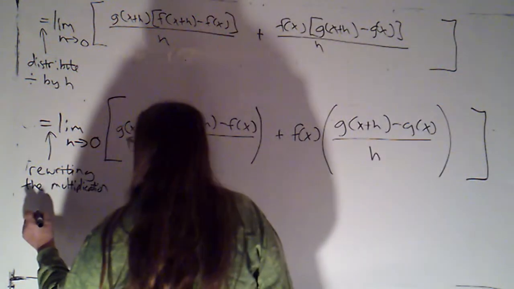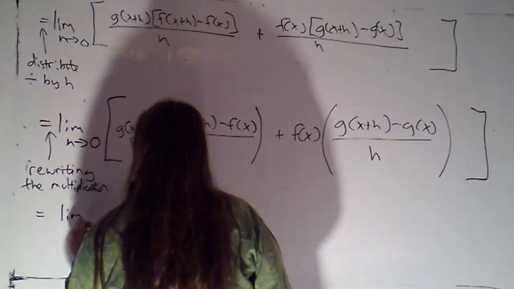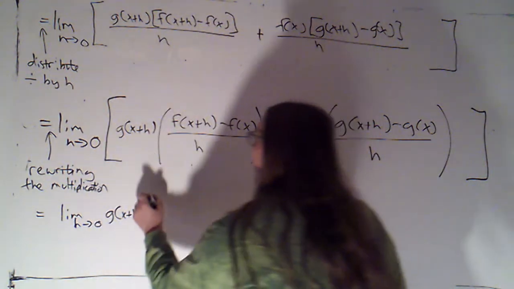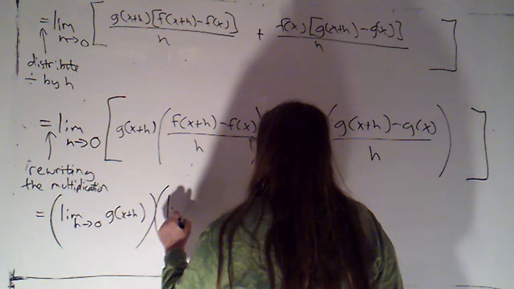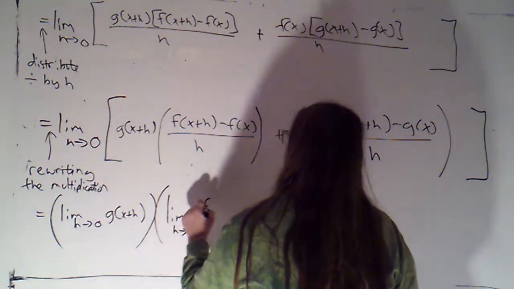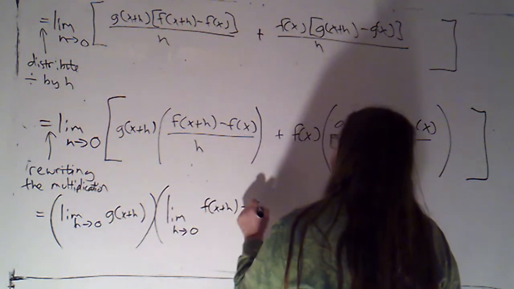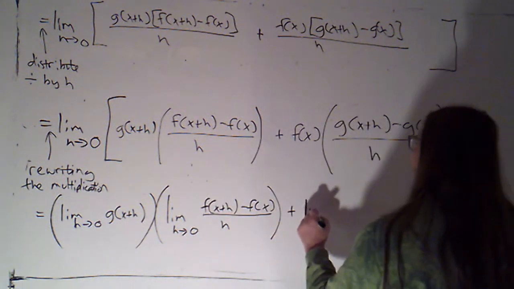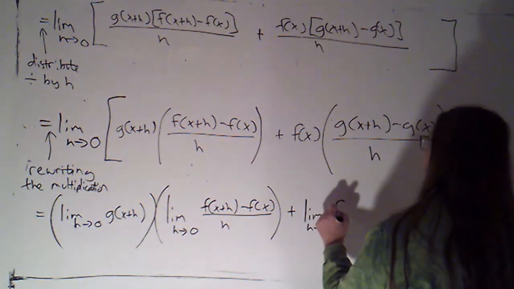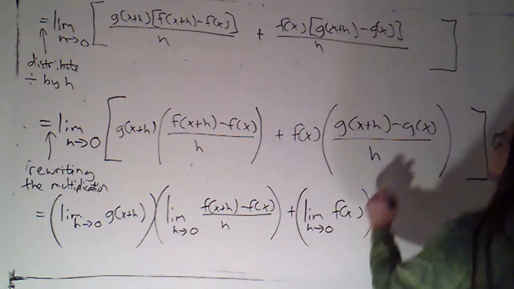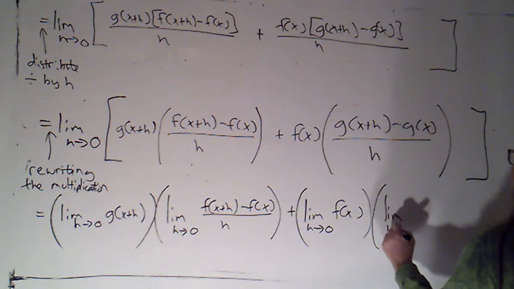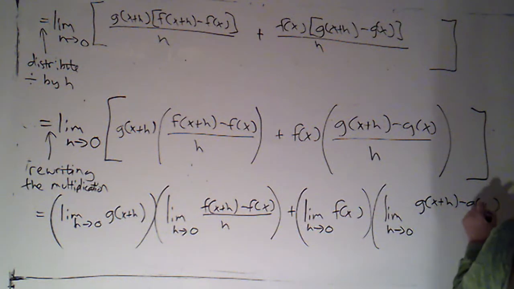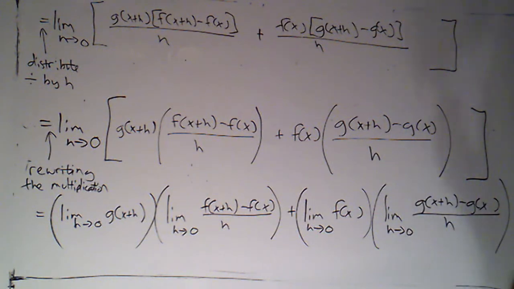So I can say this is going to be the limit as h goes to 0 of g of x plus h times the limit as h goes to 0 of f of x plus h minus f of x over h, plus the limit as h goes to 0 of f of x times the limit as h goes to 0 of g of x plus h minus g of x over h.